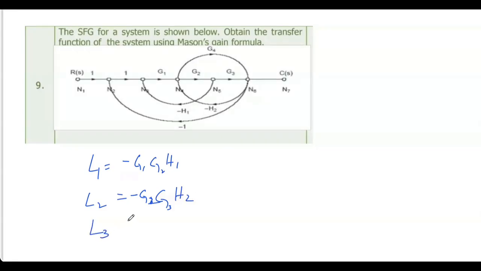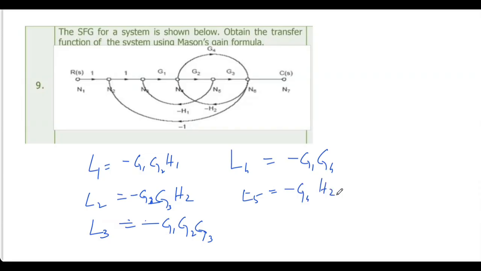L3 is minus G1, G2, G3. L4 is minus G1, G4. L5 is minus G4, H2. Okay. Out of which, is anything non-touching?